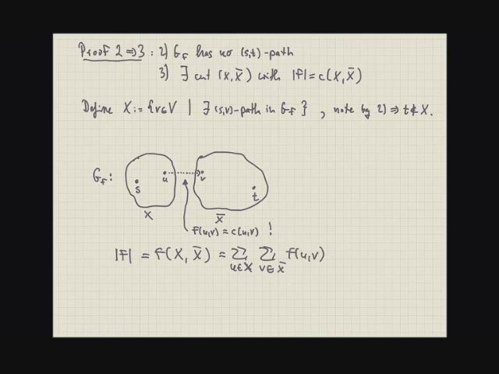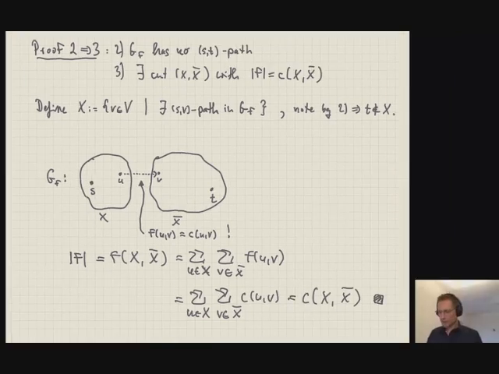But we just argued that for all such arcs that go across the cut from left to right, the corresponding flow value must be equal to the upper capacity, simply because these arcs are not present in the corresponding residual graph. So therefore, this is just equal to the sum over u from X, v from the complement of X, of the upper capacity of the corresponding arc, and that is just the capacity of the corresponding cut from X to X bar. And that's it.